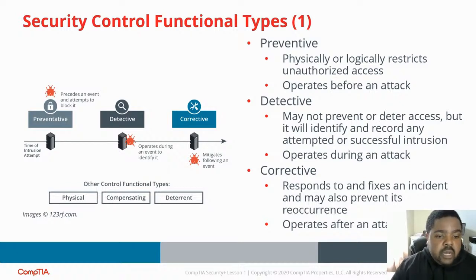With detective, we can sit back and see what's going on. We will go over that in more detail in further courses, about what type of technology that is, and why we want to sit back and learn from different tactics that attackers may be using.